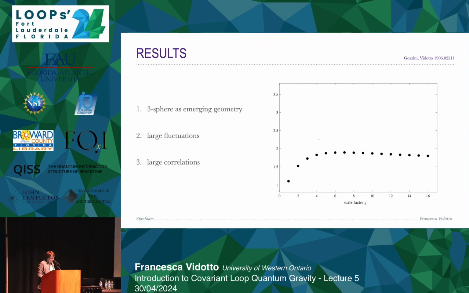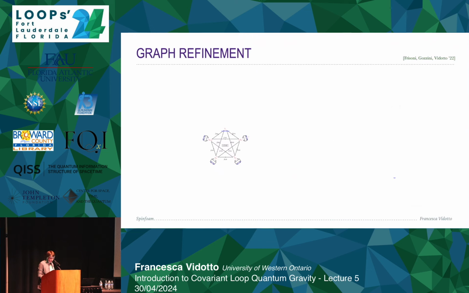The problem with this is that when you have a state like this with 5 tetrahedra all glued to one another, basically large correlations need to be expected because each region is connected to all the others.